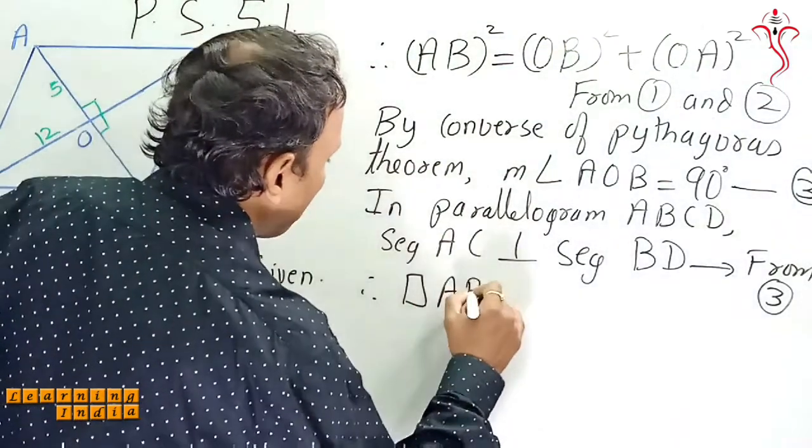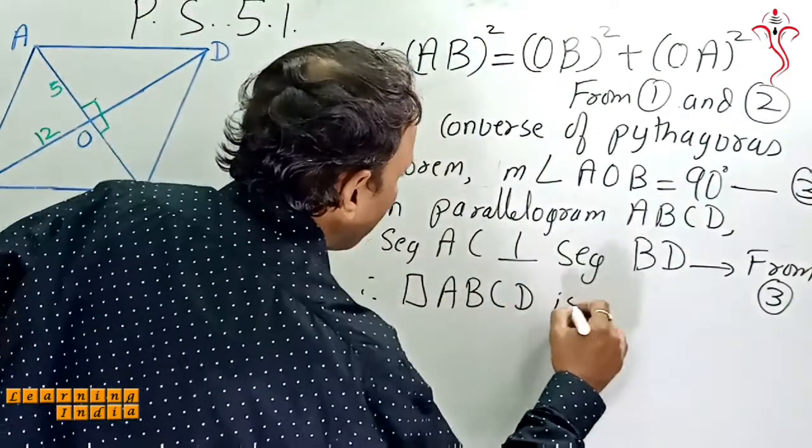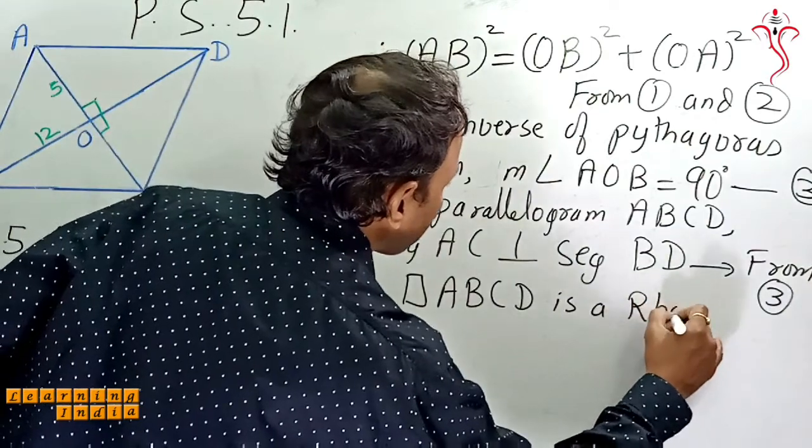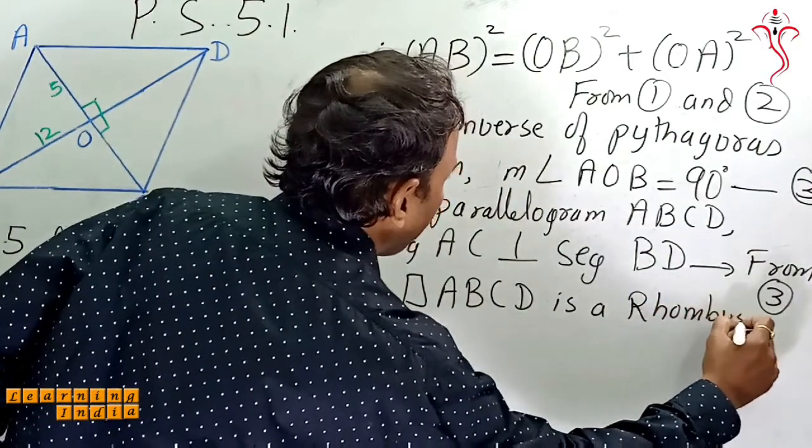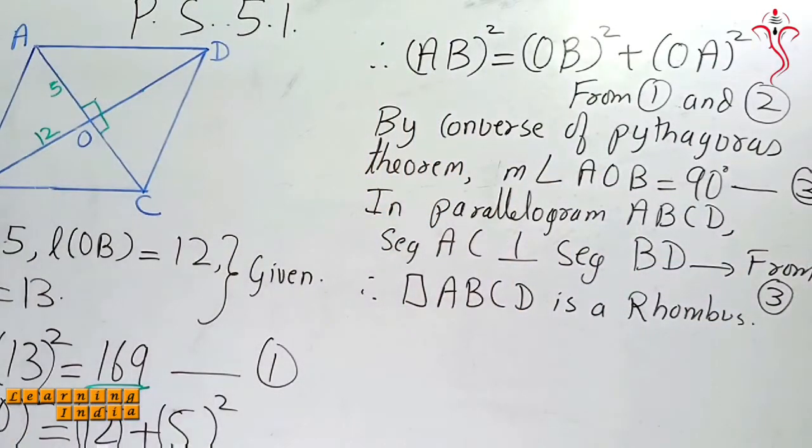therefore quadrilateral ABCD is a rhombus. Correct? Is a rhombus, and the reason we have to write it down.